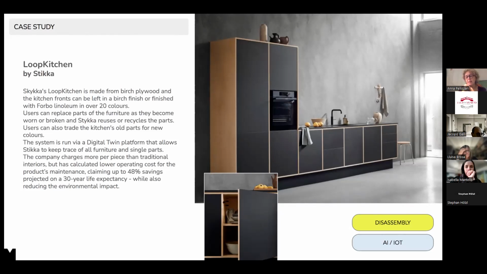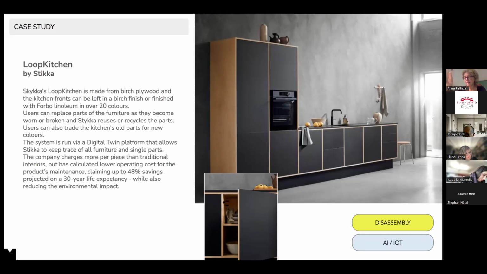It can be personalized, it can be refurbished very easily, and they do that by creating a digital twin of the kitchen in order to keep track of all the parts that are mounted and positioned in which location, and in order to make maintenance and parts replacement easier.